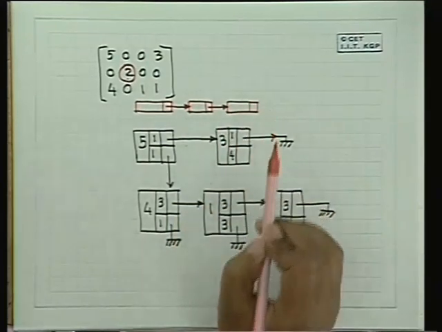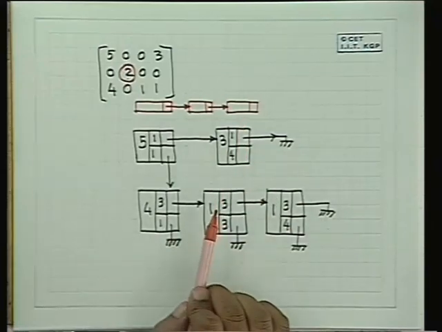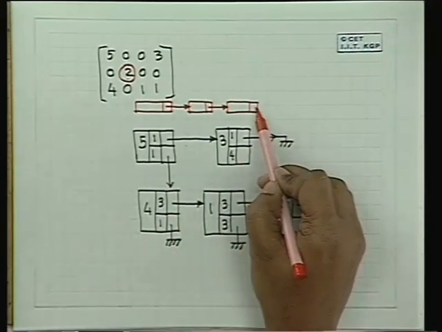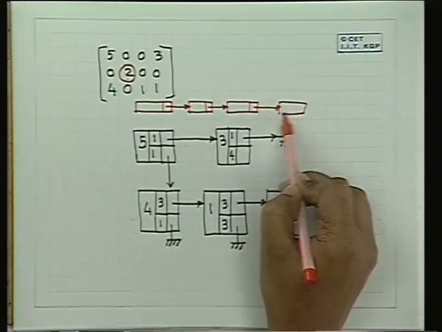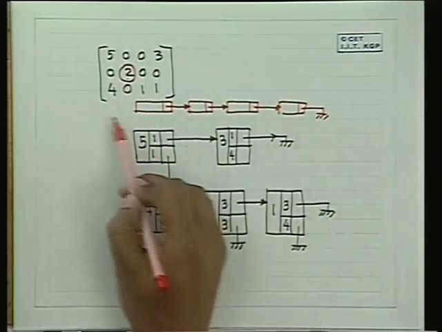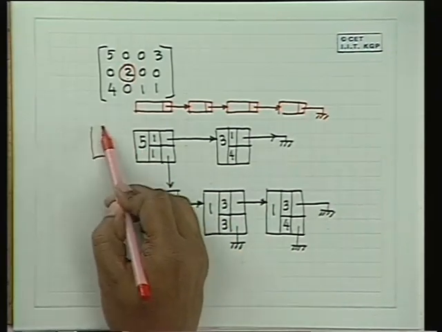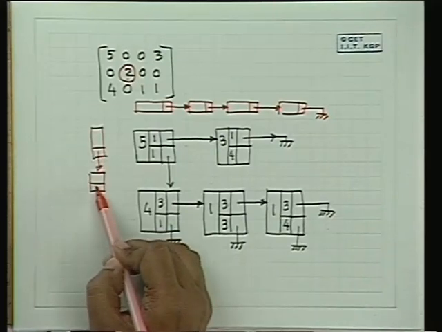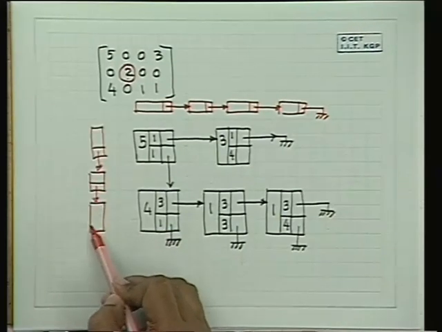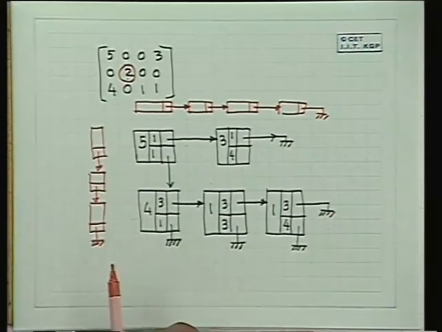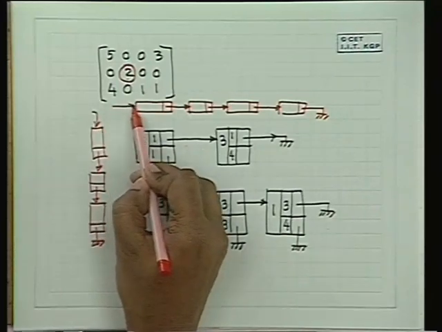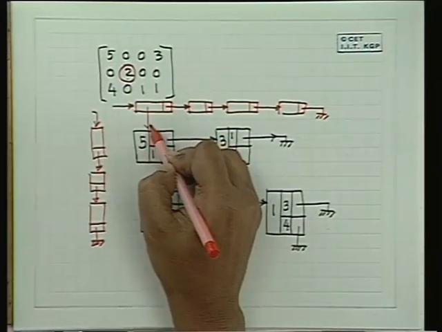Because you will also require information whether element 2 is present, element 20 is present. How will you find out? Element 20? How will you go to the 20th element? And we will have header pointers for the rows and the columns. All right. So this is the row and this is the column. This will point here.